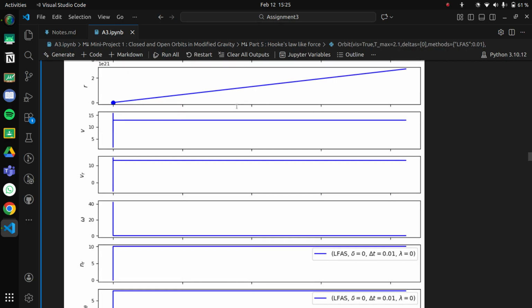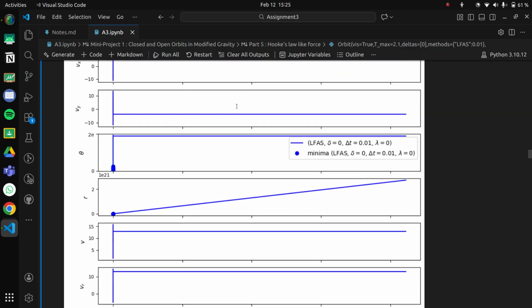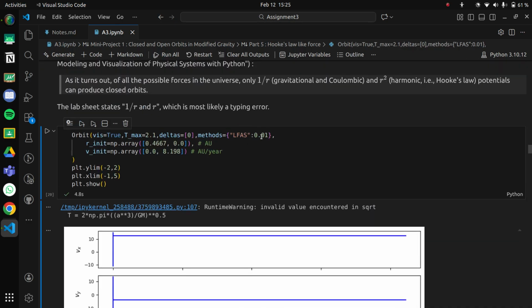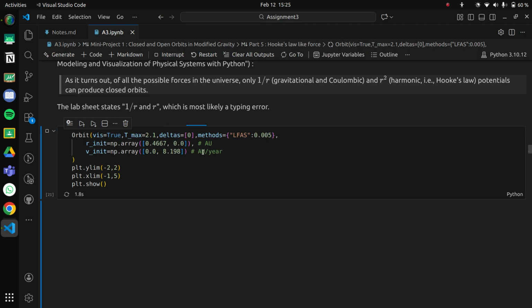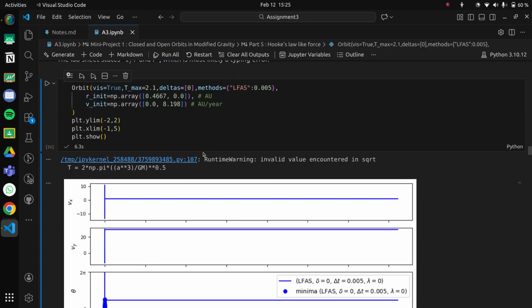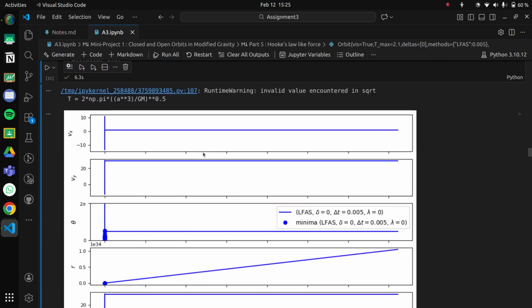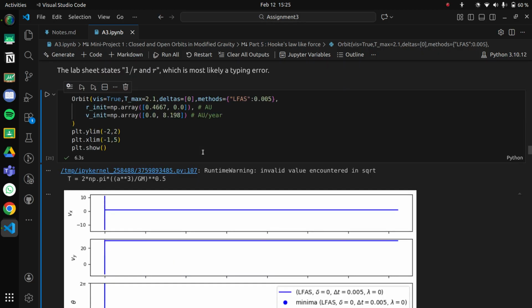So it seems r is just increasing. Okay, not a good idea. Then maybe have some. Let's see. Still invalid value. How could it be an invalid value? That doesn't make sense, right? tmax equal to 2.1 is just not working.